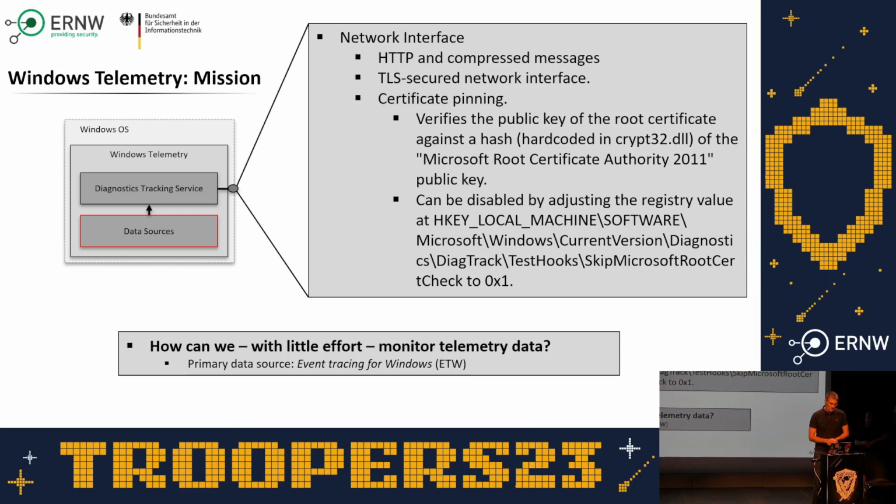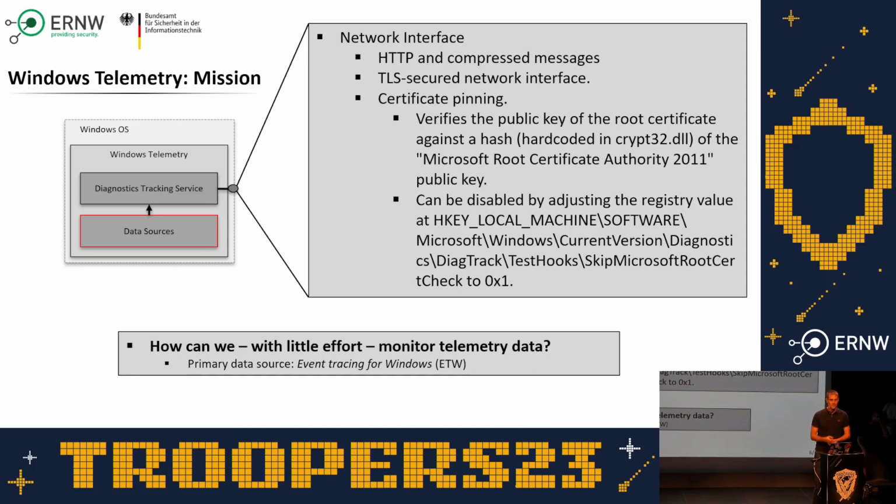And the question which came up was where to place that observation point to really have a look into what's going on. And the network interface of the telemetry service looks like it's displayed on the slide. It takes place via HTTP and compressed messages, encrypted inside a TLS tunnel with certificate pinning of the backend.